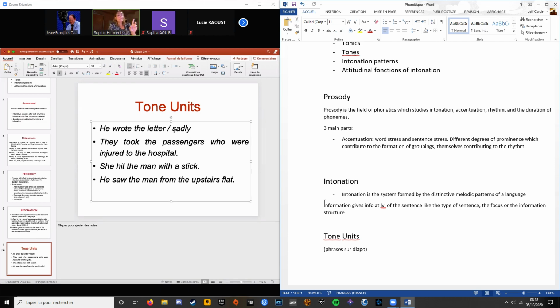In that case, a sentence adverb bears on the whole sentence. And if you don't divide the sentence into 2 tone units, then the adverb bears on the verb only and not on the whole sentence. Okay. So you see, according to how you divide a sentence into tone units, you have 2 different meanings. Okay. Same here in this sentence.